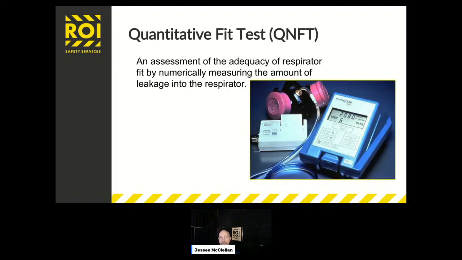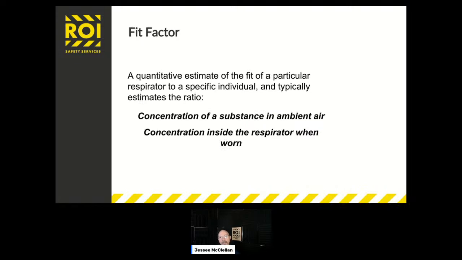And then you have, this is my favorite, quantitative fit testing. This tells you exactly what your seal is for your respirator. And by the way, everyone who wears a half mask, full face, any kind of respirator has to have some kind of fit test. There is a fit factor that is calculated into this, which we're not going to go too much into.